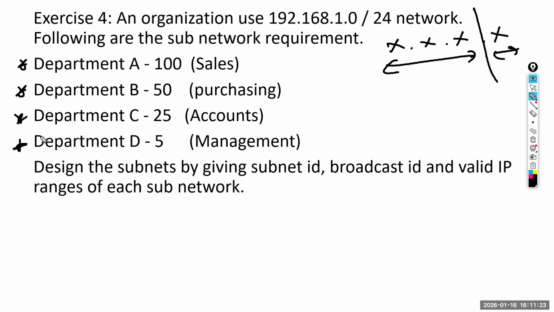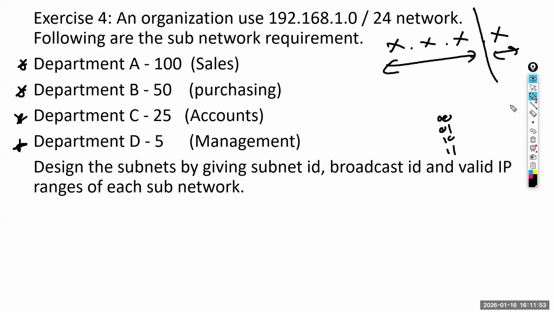Now, if you just go by the fixed subnetwork approach, we need to borrow 2 bits, because 1 bit gives 2 subnetworks, 0 and 1. If I borrow 2 bits from 8 bits, then 00, 01, 10, 11, we have 4 bit patterns. So if you forget about the number of machines, you are going to borrow 2 bits because we need 4 subnetworks.